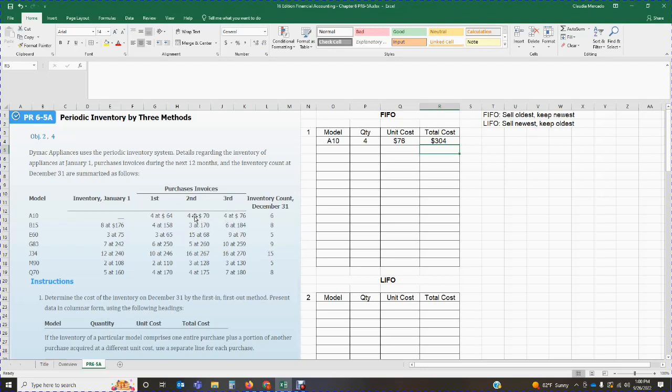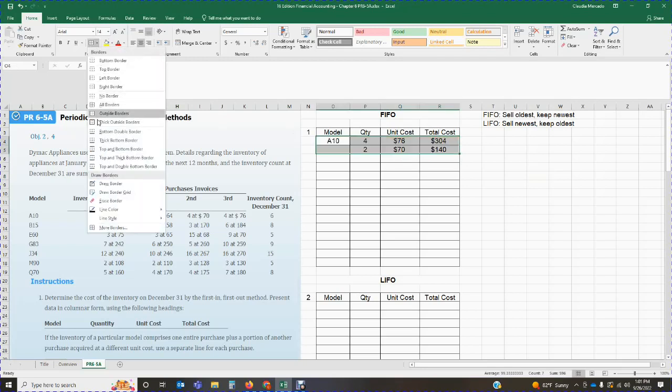That means I need an additional 2 from that second purchase. Remember, we need to come up with 6. So we have 2 at $70. Now I've got 6 units, and this is the value for my 6 units, 304 and 140. Both of these are for A10.